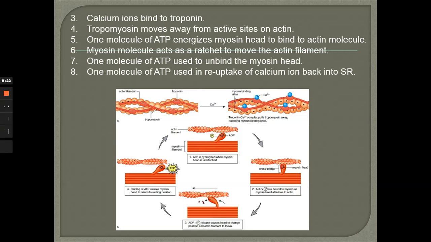Just looking at this one model example, we're using one ATP molecule to energize the myosin head, one ATP molecule to unbind the myosin head, and another molecule of ATP to move only two of those calcium ions back into the sarcoplasmic reticulum. So in a typical muscle contraction, we're going to need a lot of ATP because this is on a grand scale.